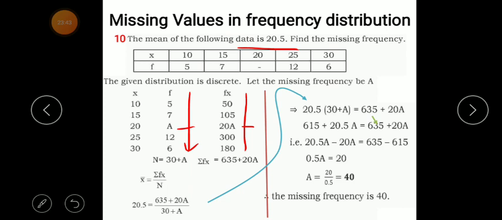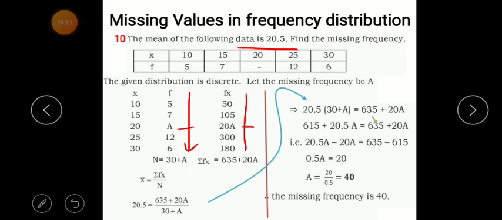Now one thing you have to understand: here we are solving it as if we are going to find the mean itself, because we know only one formula for mean for discrete data, which we have seen in previous classes. If you are forgetting the formula, you can go through my previous video lectures, I think 17 and 18, which covered the introduction to mean and calculating the mean.